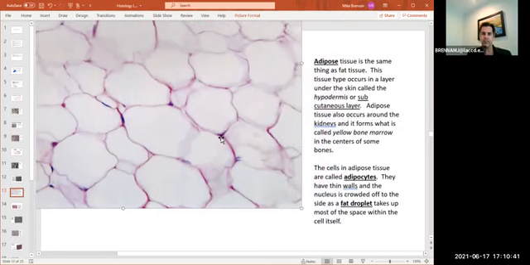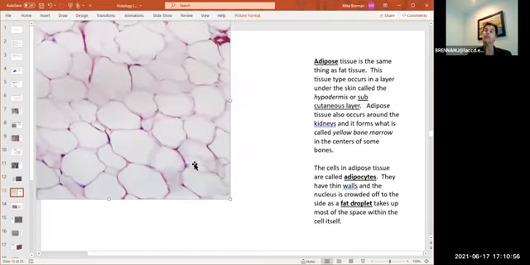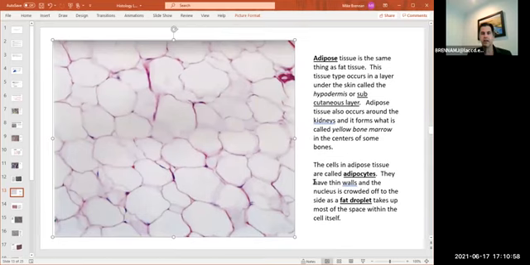Okay, the cell nucleus, this little wedge-shaped purple thing, that little purple blue wedge, that little blue line. The cell nuclei and organelles are just crowded out by the presence of that huge fat droplet there.